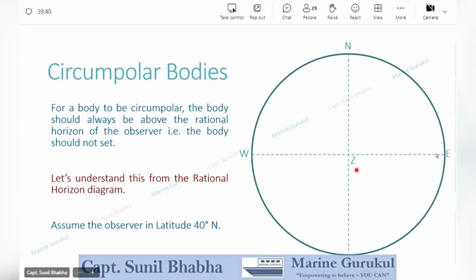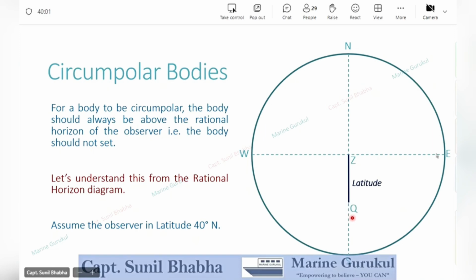Now, since the observer is in the north hemisphere, the latitude is north, so the equinoctial will be passing south of the observer. So from point Z, if we go down south equal to our latitude, that gives us the point from where the equinoctial will be passing.